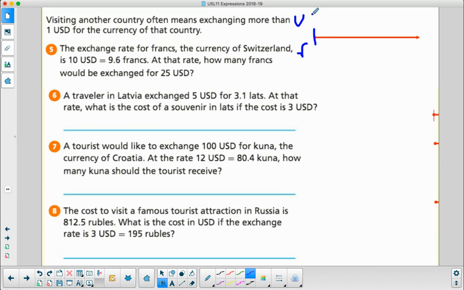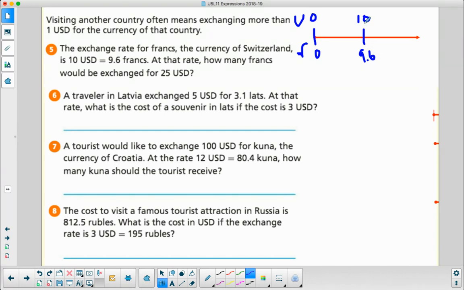I like to start at 0 and 0. Now, I'm going 10 US dollars is going to give me 9 6/10 francs.